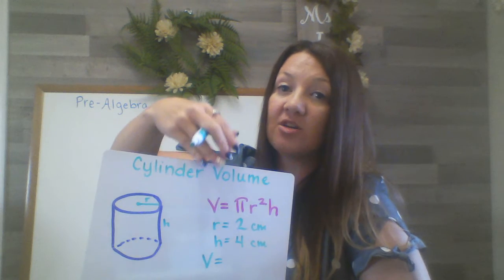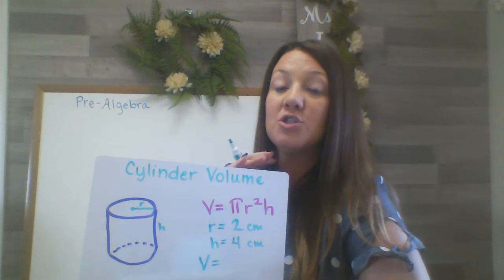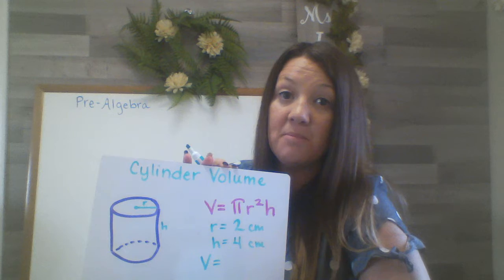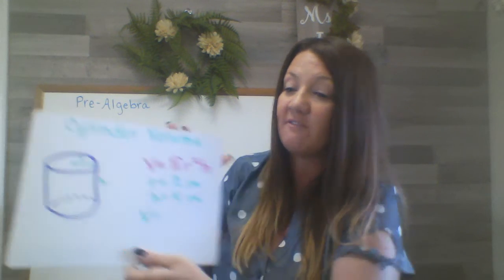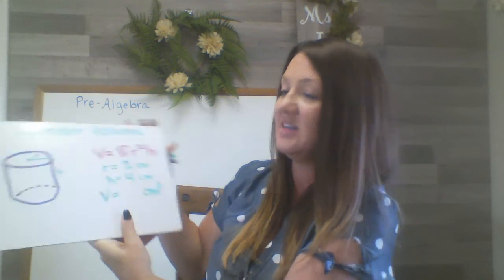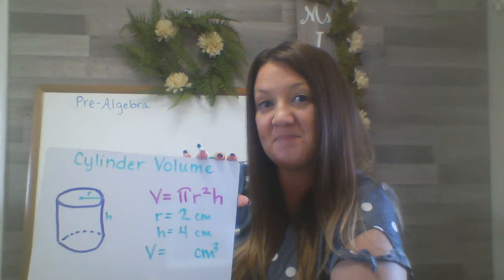So now we have centimeters times centimeters times centimeters. So instead of having a 2D object that's flat on the ground, we now have a 3D shape forming volume. So whenever you get your final answer here, just know that that is always centimeters cubed or cubic centimeters.